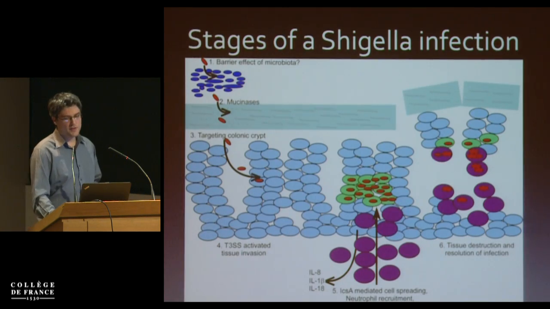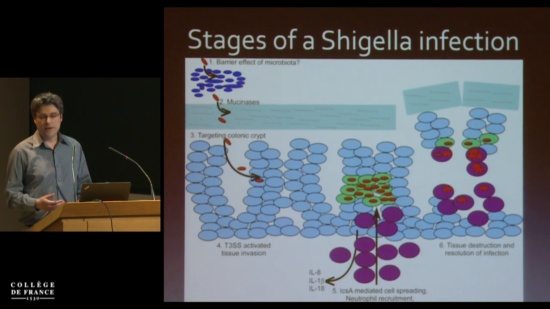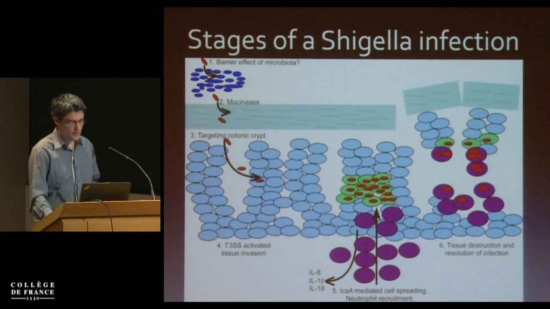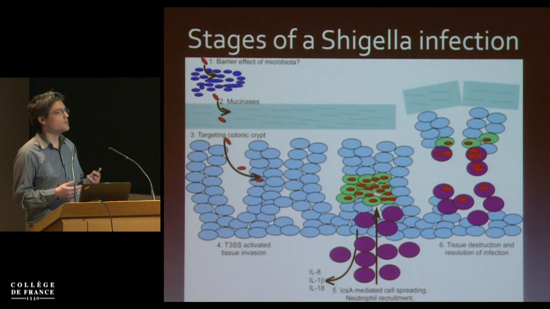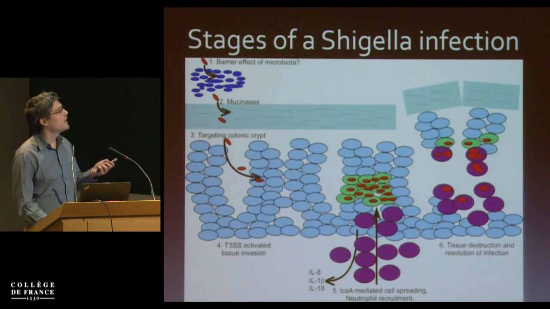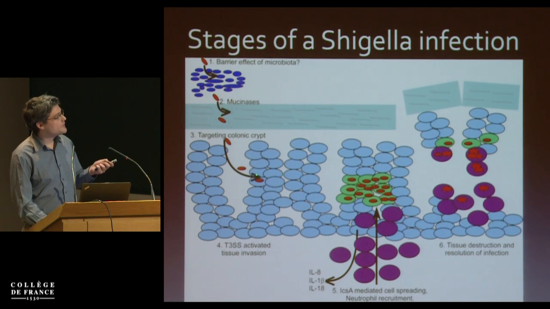So what are the stages of a Shigella infection? After ingestion of the bacteria and passage through the stomach, the first thing that Shigella will encounter is the barrier effect of the microbiota. Next, it will encounter the mucus layer, where Shigella will secrete mucinases, which allow it to slip through the mucus layer, where it then targets the colonic crypts. At this stage, it activates its type 3 secretion system and enters the tissue.